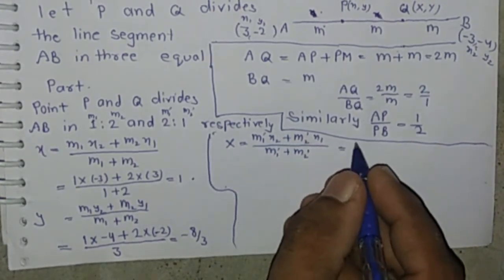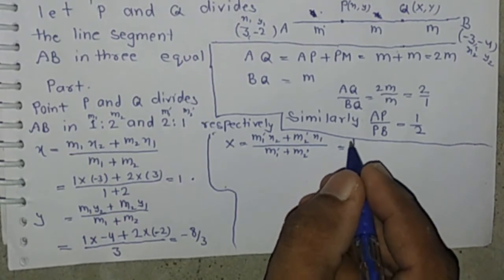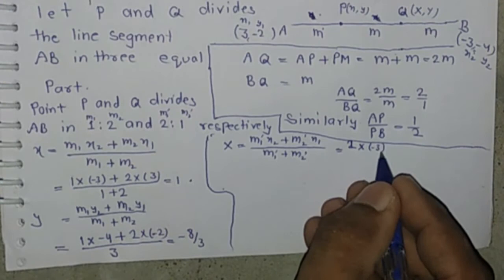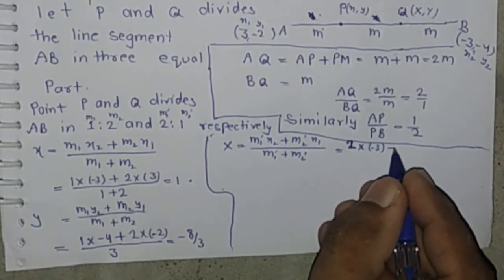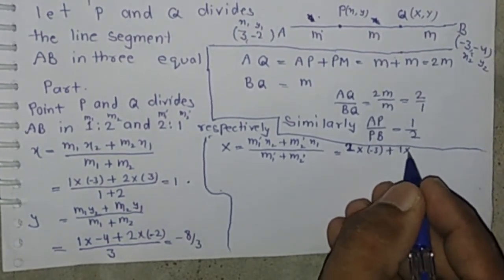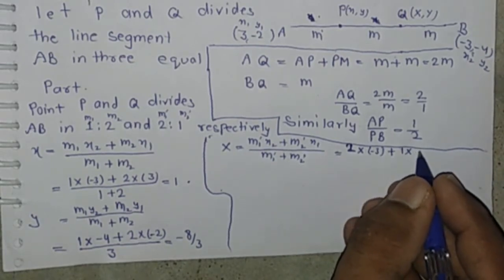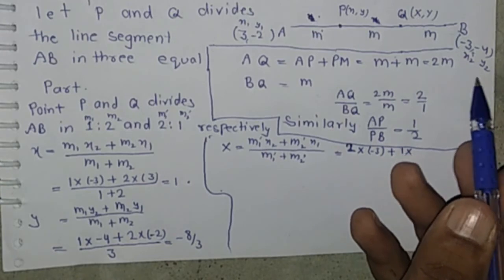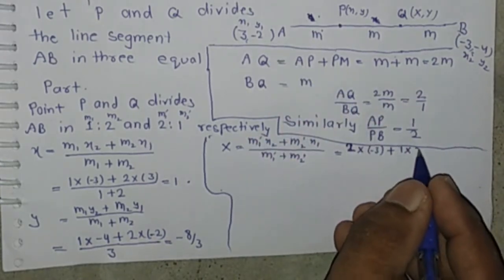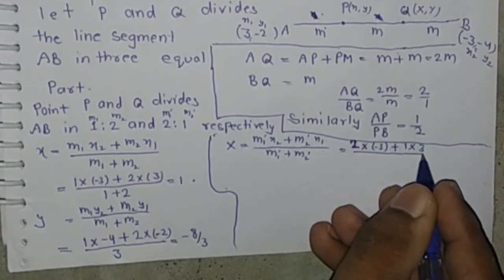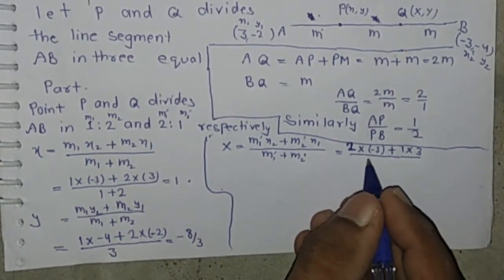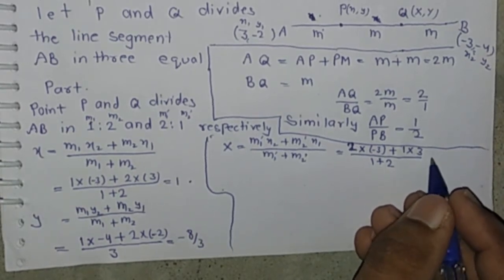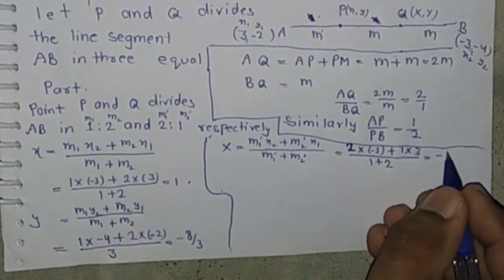We have m1 dash as 2 into x2, which is minus 3, plus m2 dash, which is 1, into x1, which is 3, by m1 plus m2, means 1 plus 2. We have minus 6 plus 3, means minus 1.